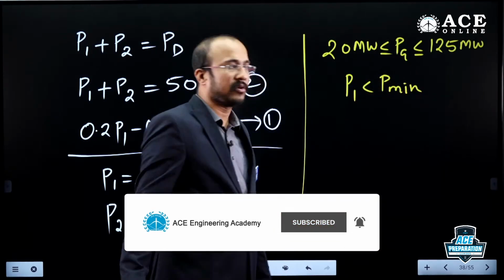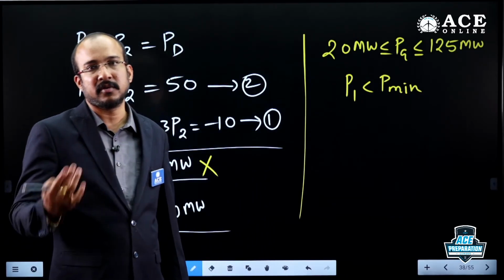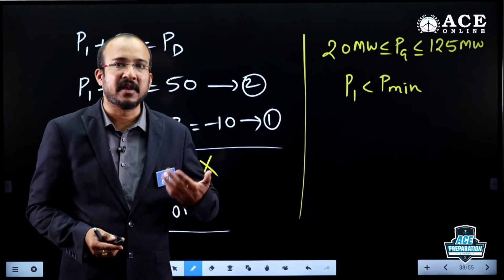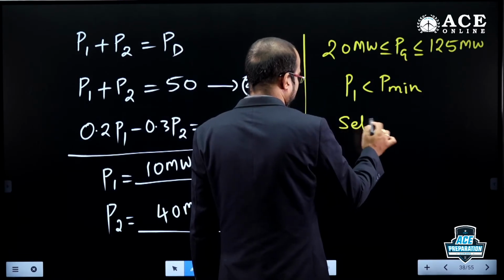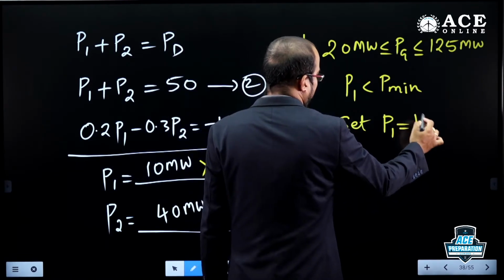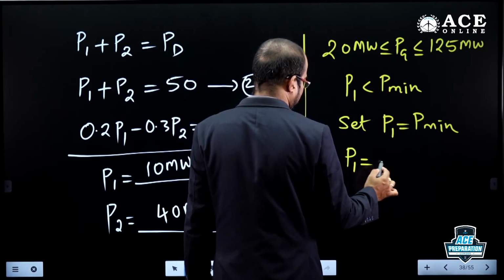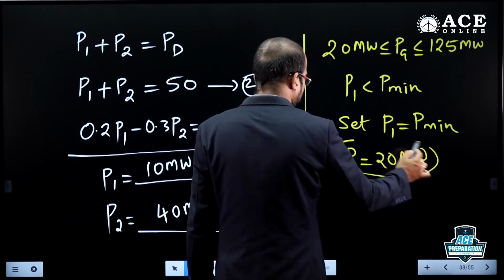In that case, what you need to do, sir? Set the generation of that particular unit to the minimum value. Whatever limit has been violated, we need to adjust to that. So we need to set P1 to P minimum. What is P minimum here? 20. So P1 is to be adjusted to 20 megawatt. What about P2 then?